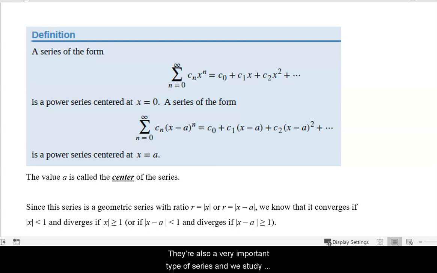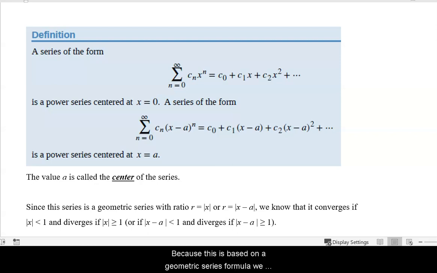They're also a very important type of series, and we study them separately. This is what it means to have a power series centered at A, where A is not necessarily 0. If A is 0, of course, then it just reduces to the original form of the power series, which you see at the top. Again, we call this value A the center of the series.